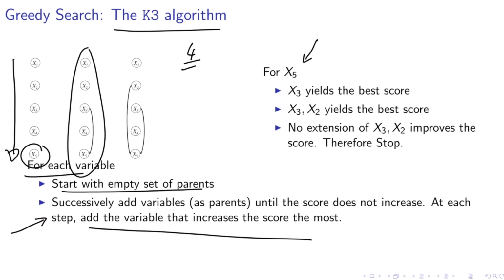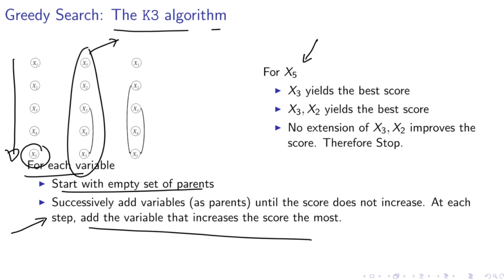I took one greedy step. Next, I will evaluate if adding x1 as a parent, as well as x2 as a parent and x4 as a parent to this graph, increases the MDL score of the graph.